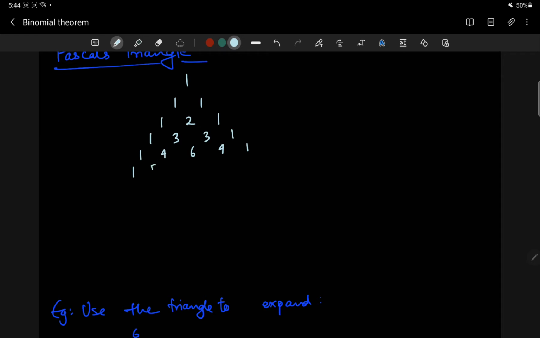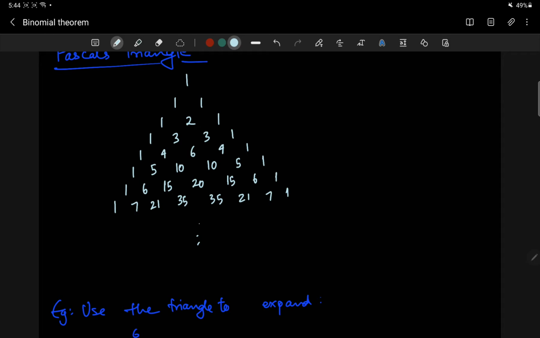Then 1, 1 plus 4, 5, 10, 10, 5, 1. So you get the idea. It goes 1, 6, 15, 20, 15, 6, 1. Then 1, 7, 21, 35, 35, 21, 7, 1, and so on.